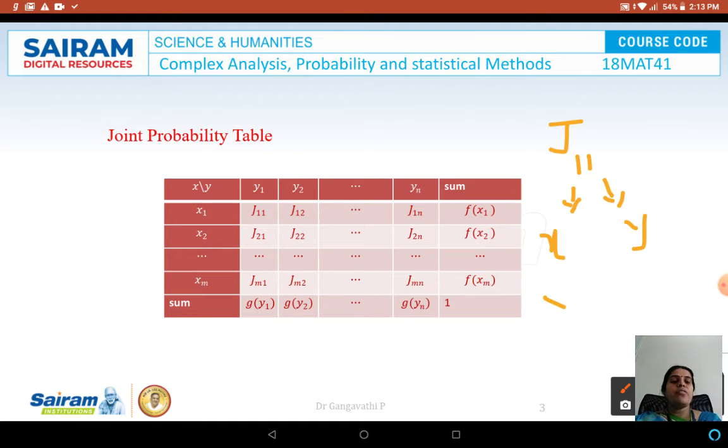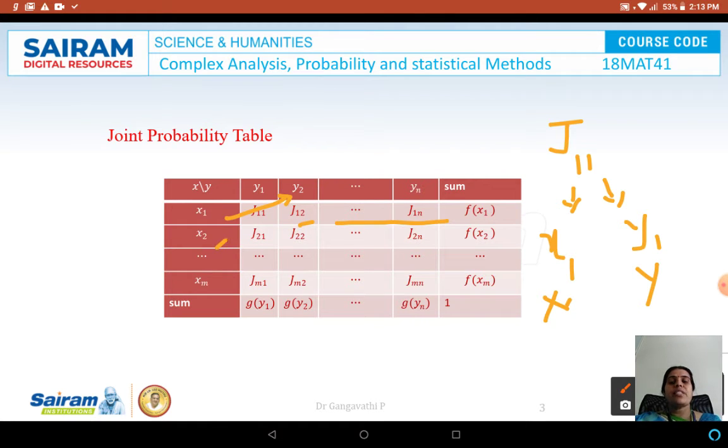Similarly, x1 and y2 is J12, then J13, J14, likewise. So the joint probability distribution of the first value of x with all the values of y is noted down here.